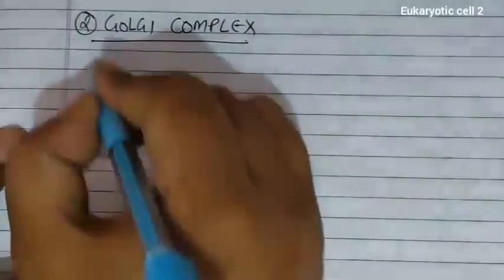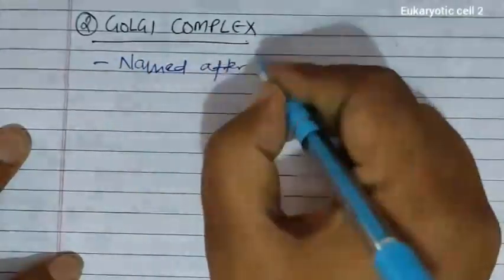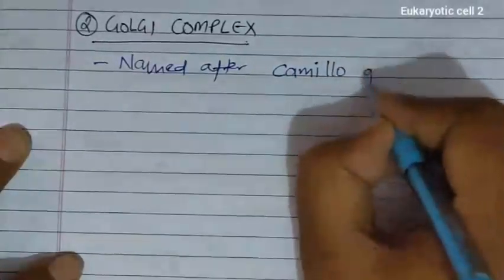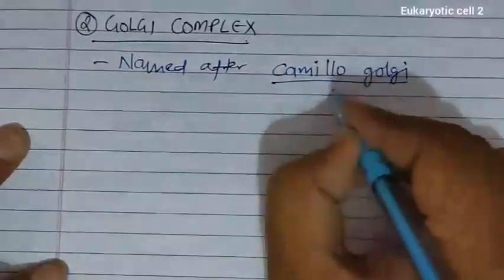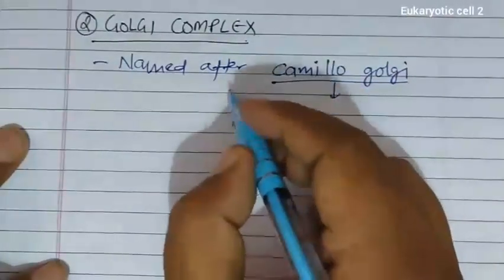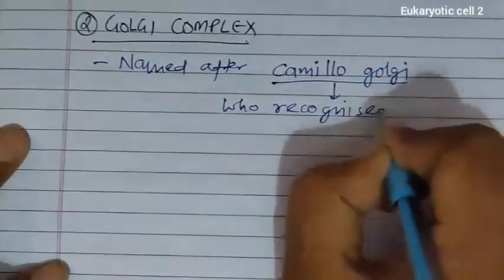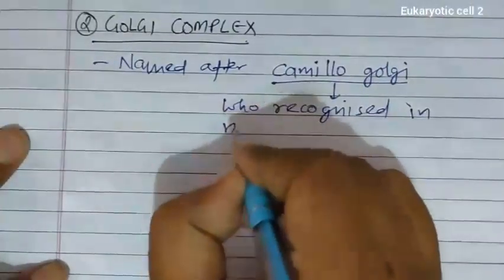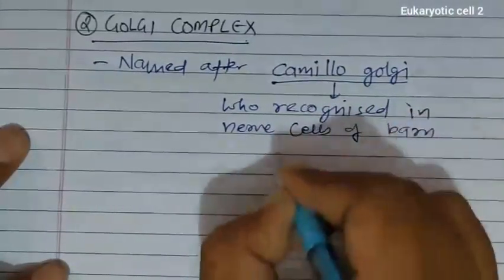This Golgi complex was named after Camillo Golgi, and Camillo Golgi was the scientist who first recognized it in nerve cells of barn owl.